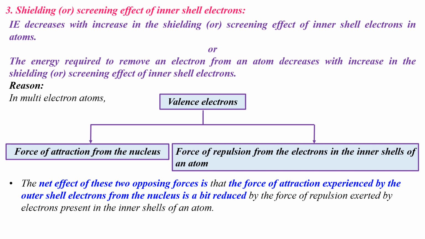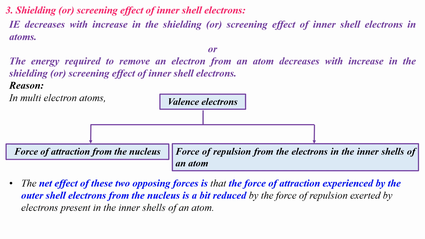Electrons in the outermost shell are negatively charged. Electrons in the inner shells are also negatively charged. So, we know like charges repel each other. So electrons in the outermost shell experience force of repulsion from electrons in the inner shells. These are the two kinds of forces experienced by electrons in the outermost shell of an atom.